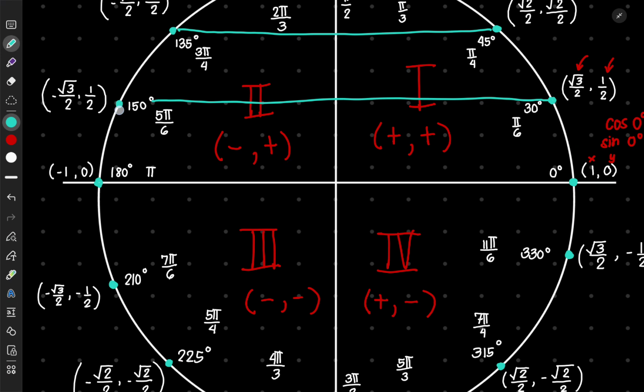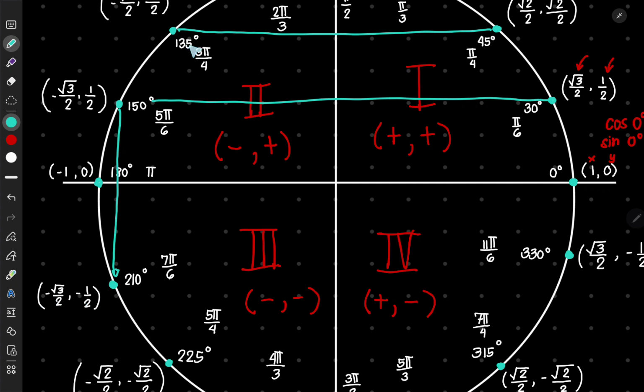So, yung 150 is the same with your 210 degrees. Pero, again, yung x and y coordinates dito sa third quadrant are both negative. Kaya, dapat both negative tong dalawang coordinates natin.